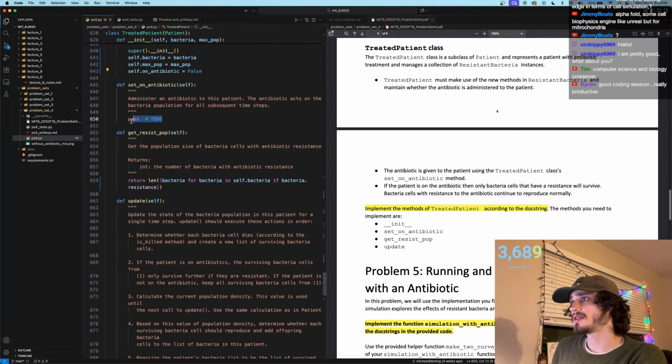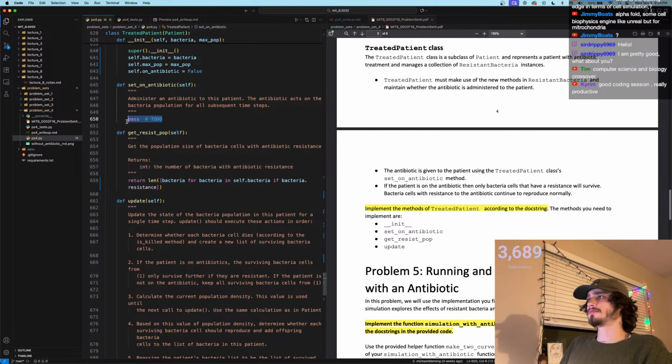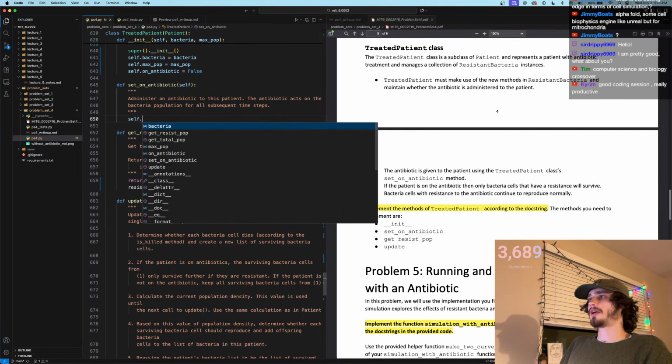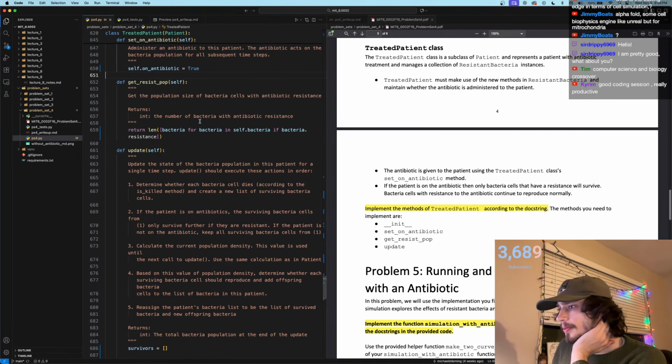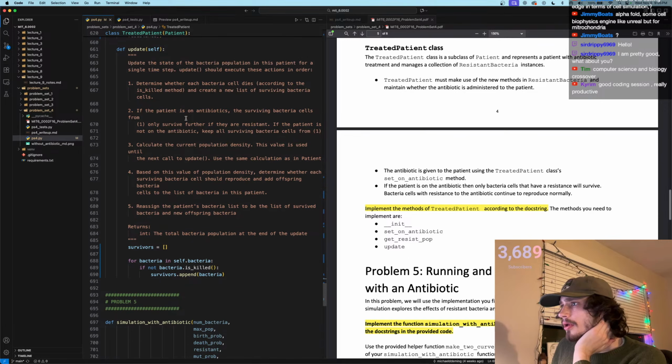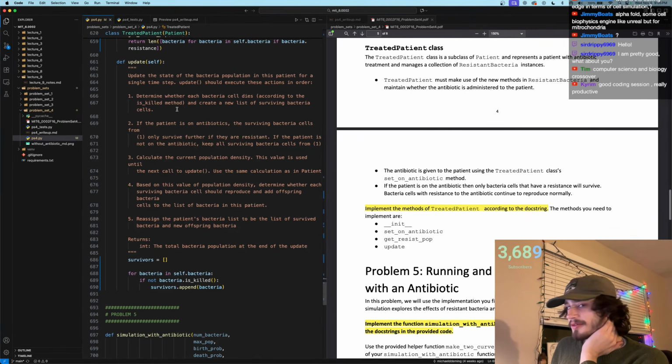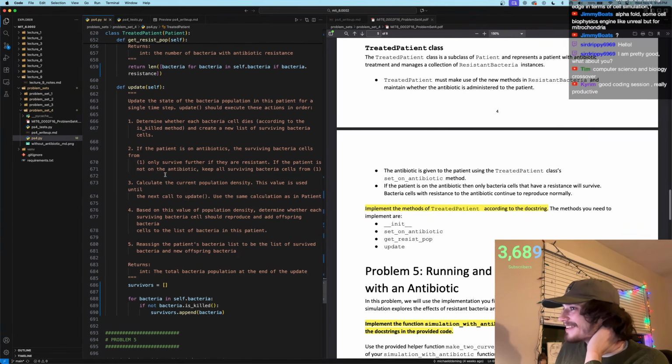Then we administer the patient, so we say self.on_antibiotic equals true here. Cool, pretty simple. If I would read the problem, I wouldn't get stuck, right? Okay, cool. So we've done number one.